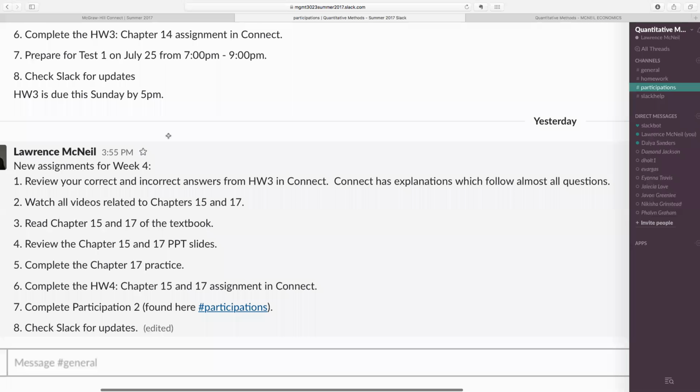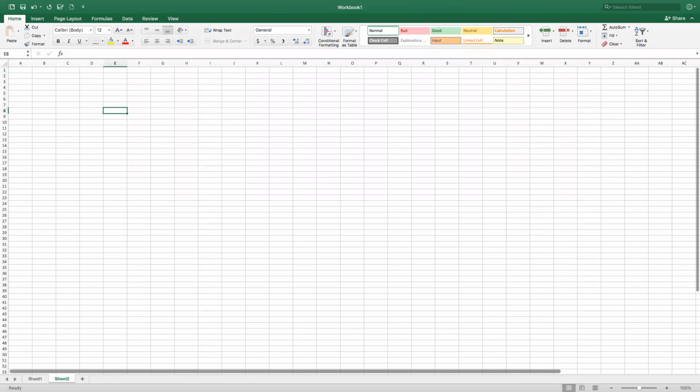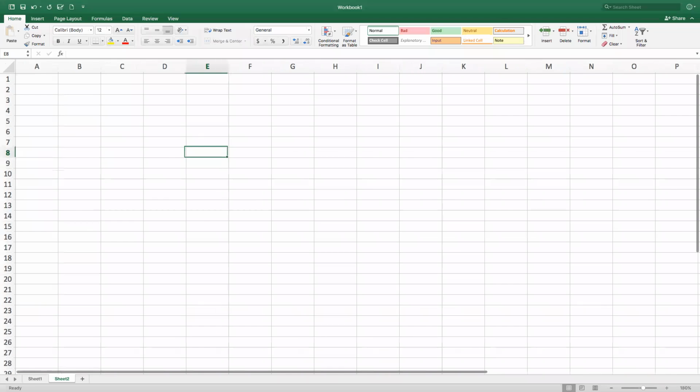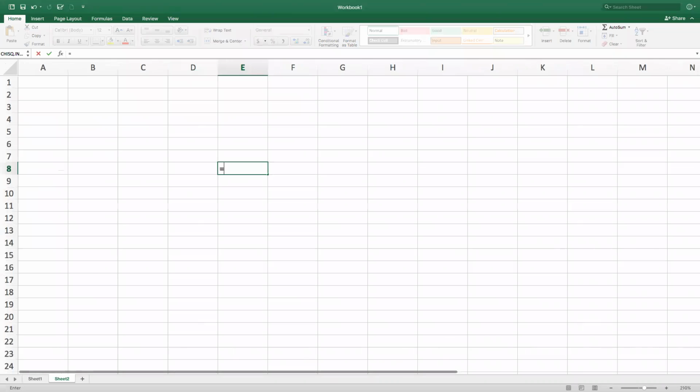Let's see, equals what? 1.64. Oh, is it F.INV? F.INV, no, that's our F test. We are looking for Z. What's our Z function? This is just INV.T.